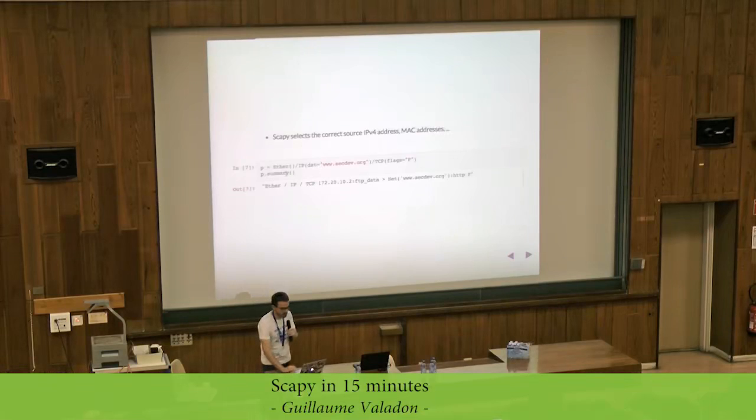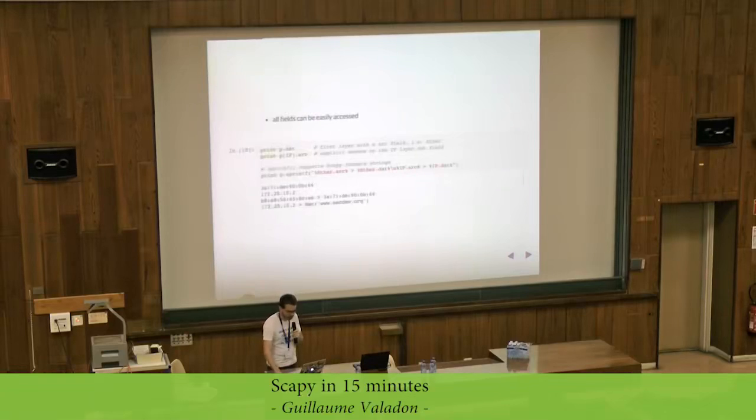And if you use the summary method, you will get a nice short packet string. In this case, you can see that Scapy selected this source address for us, as well as the FTP data port. So internally, it is trying its best to build really good packets, packets that will be correct on the network. And then, if this packet is received, you can get a correct answer.